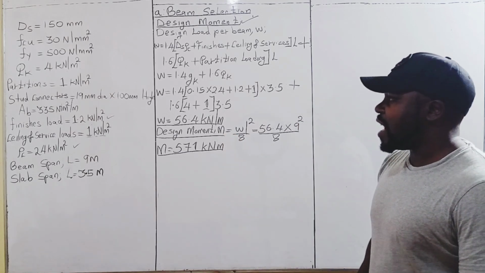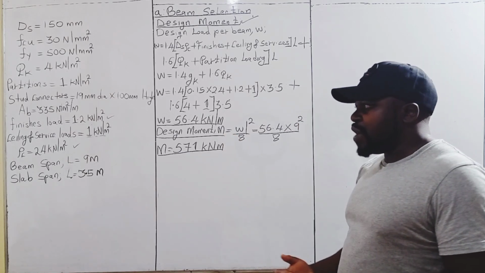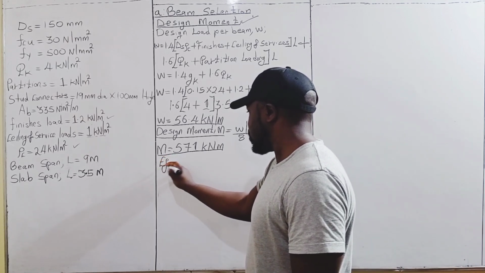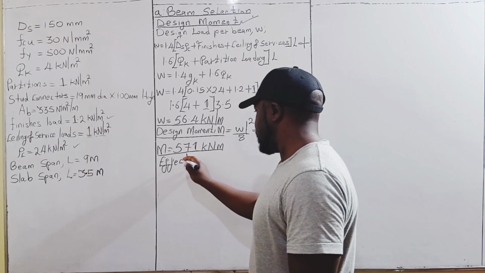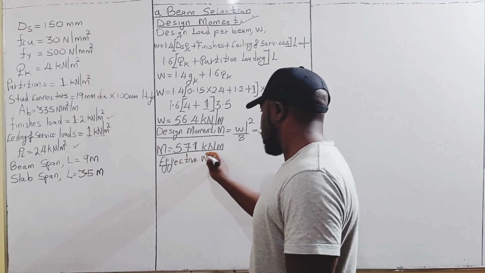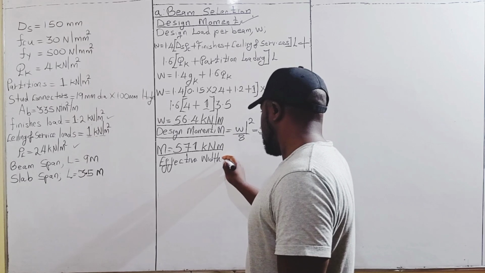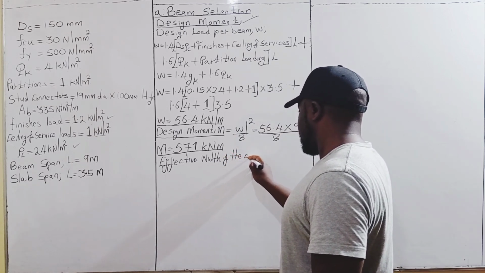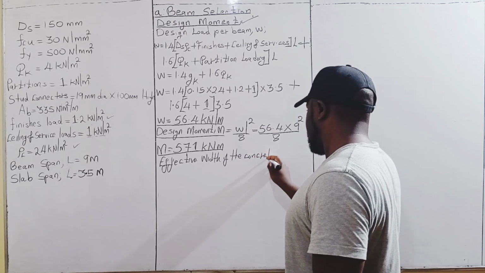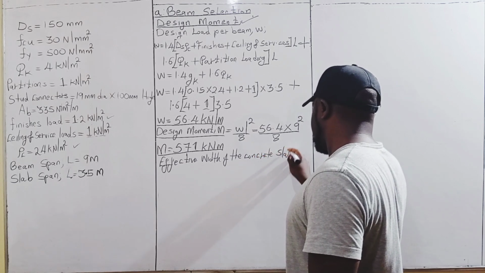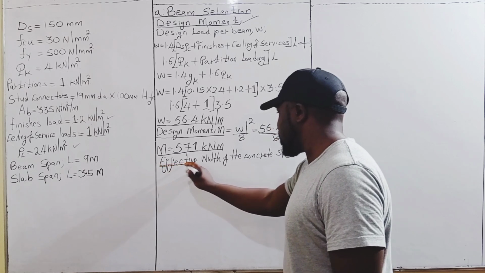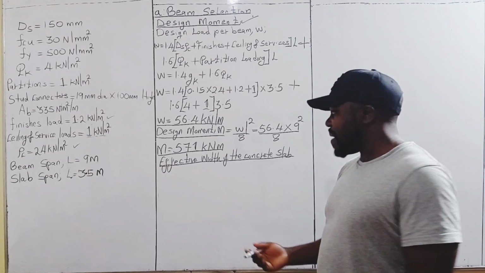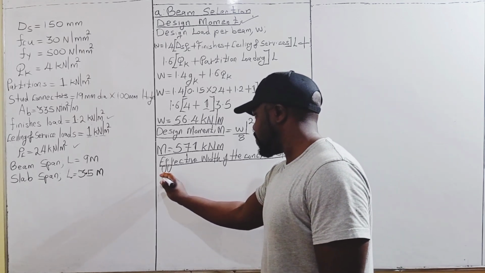From there, we are going to determine the effective width of the concrete slab. The effective width of the concrete slab will be given by the lesser of the two.